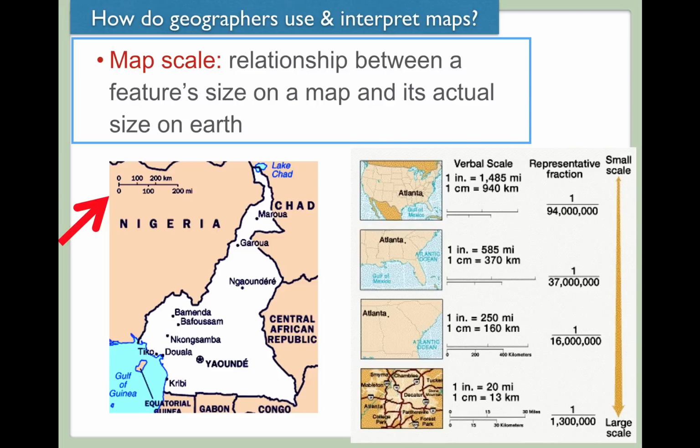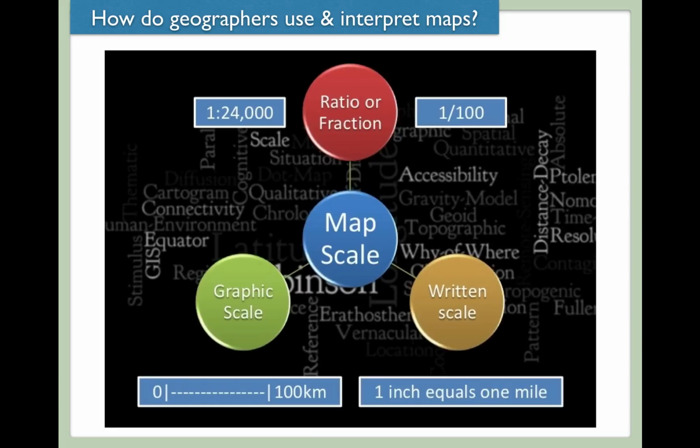You see here the representative fraction between the actual country and what is depicted on the map. If you zoom all the way down to the actual city of Atlanta, you see how enormous the difference is and what a large scale we have on the map. We have to zoom way, way in to depict that map as it's represented in the real world. So the smaller the map, the smaller what it's showing, the larger the actual scale.